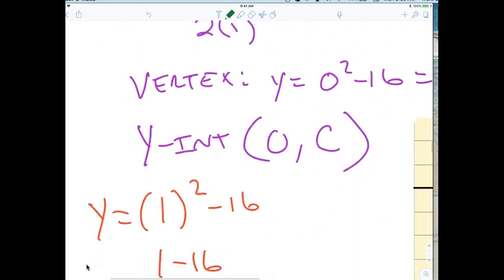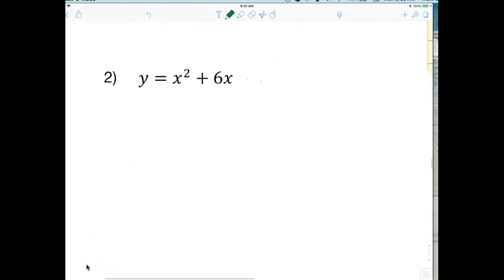So let's look at question number 2. Look up on the board. What's A? I'm going to write this down: y equals ax squared plus bx plus c. What number's in front of the x squared term?